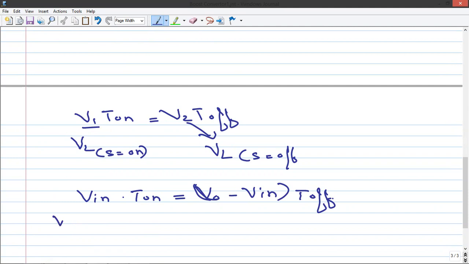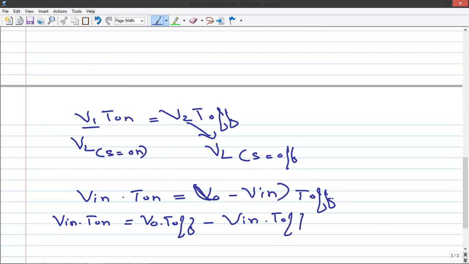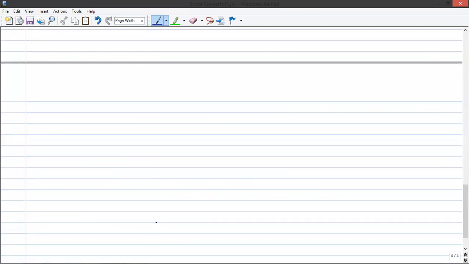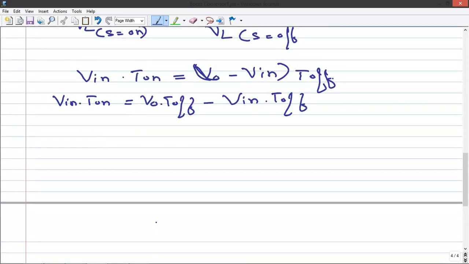Let us simplify this equation. V input into T on is equal to V out into T off minus V input into T off. We need the equation for V out, so I transfer V input into T off to the left hand side, where it becomes plus.